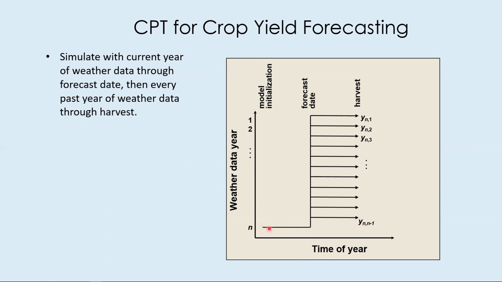Again, up to the forecast date, we use the current season's weather data, and for the rest of the season we complete it from historical data. In that way, we get different yield values. If I have 30 years of data, I might get 29 yield values. This is step one.